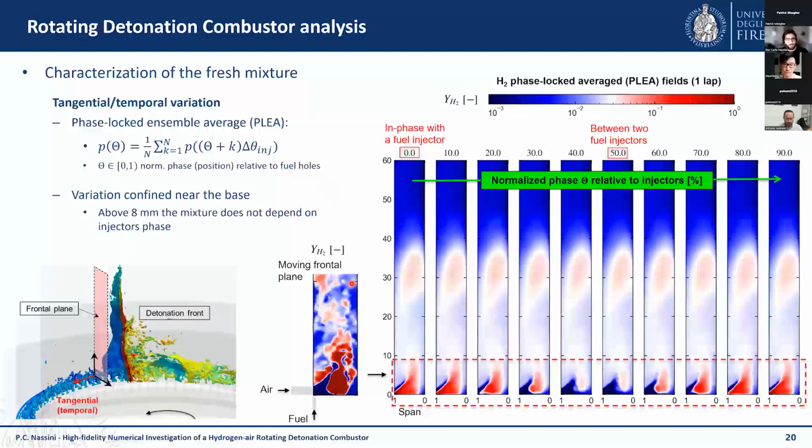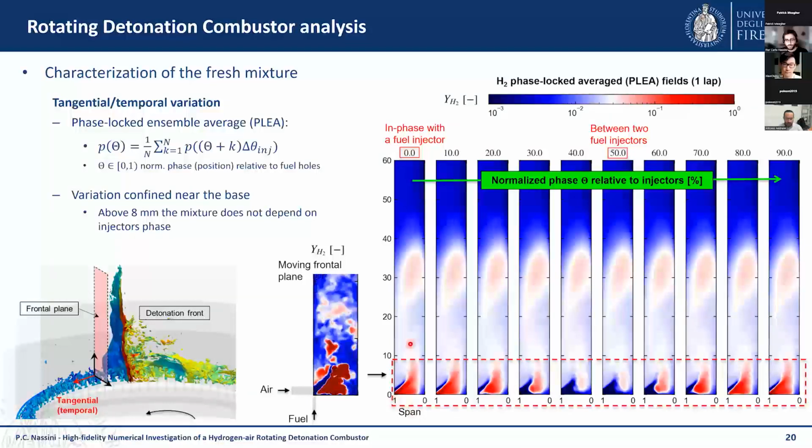The other part that we are interested in is the tangential or temporal variation. So if you remember, this plane is moving in this direction, so it's preceding the detonation front, and so it's facing this periodic variation of the gas state. This is again hydrogen mass fraction. As we know the frequency of the periodic fluctuation of this gas, we can do a phase locked ensemble average of our fields, which are reported here on the right in terms of hydrogen mass fraction as a function of the injector phase.